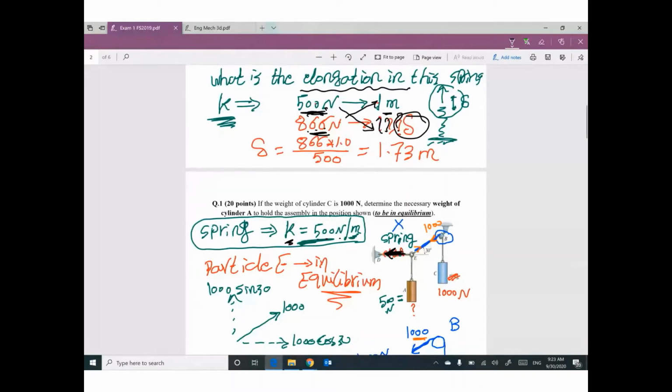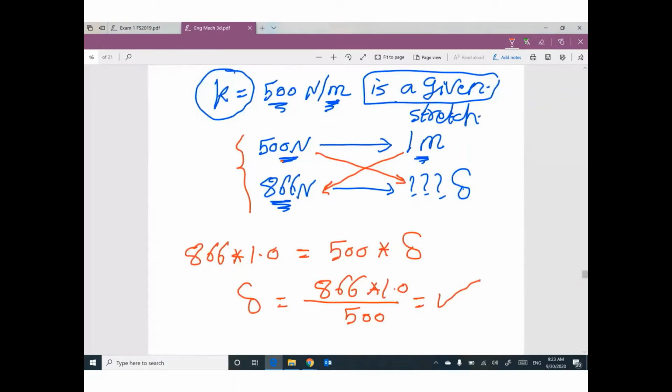So go ahead and search in the problem for the value of K. K will be given, for example, 500 Newton per meter. That means we need 500 to make 1 meter. This is the meaning of this expression: I need 500 Newton to make 1 meter of elongation.